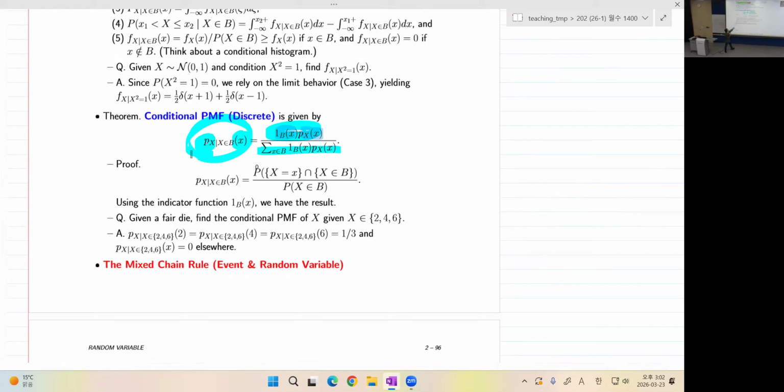Now, if you sum up over every x, what happens? This is constant. What is the sum of this one for all x? It appears in the denominator already, right? So it's 1. Too simple, right?